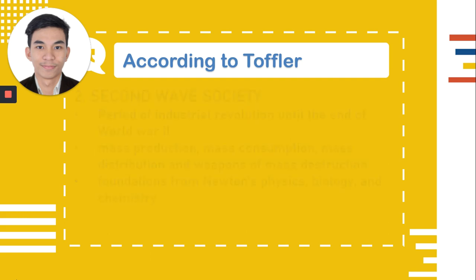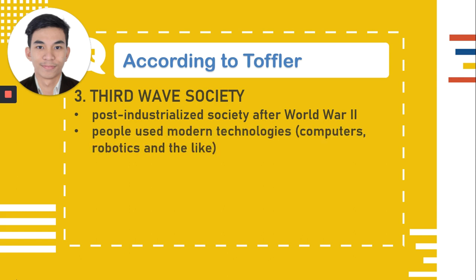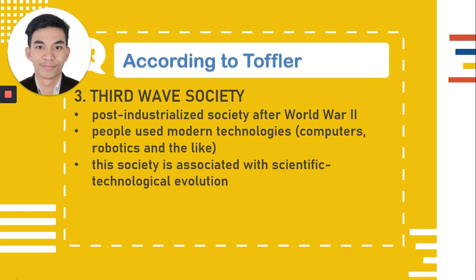And then, the third wave society is described as the post-industrialized society after World War II, which we live in today, where people use modern technologies like computers, robotics, and the like based on the advance of science. And this society was seemingly associated with scientific technological evolution.